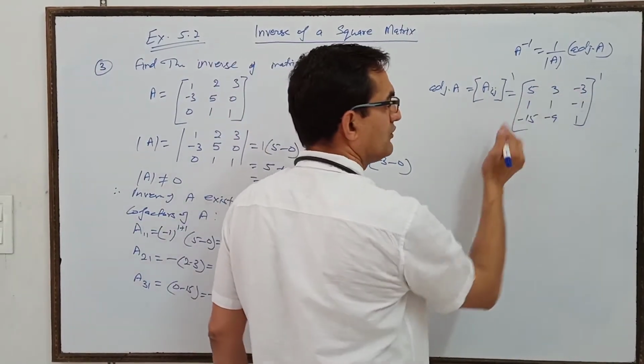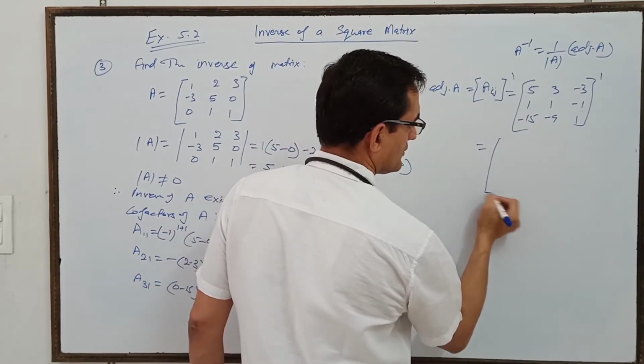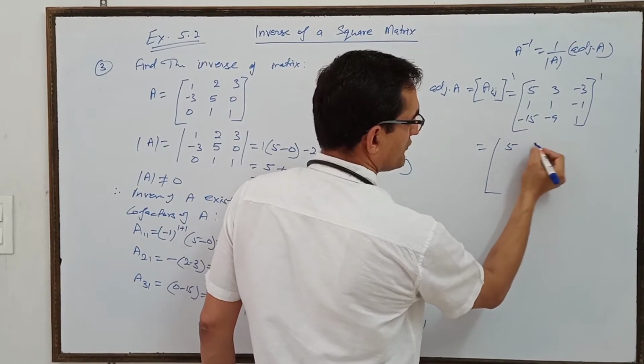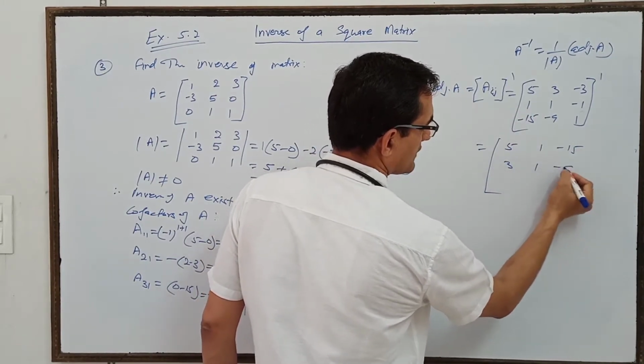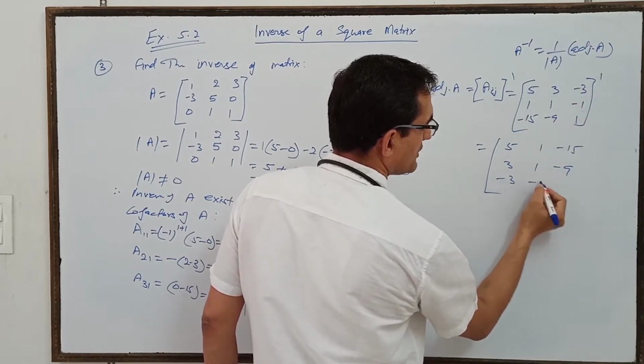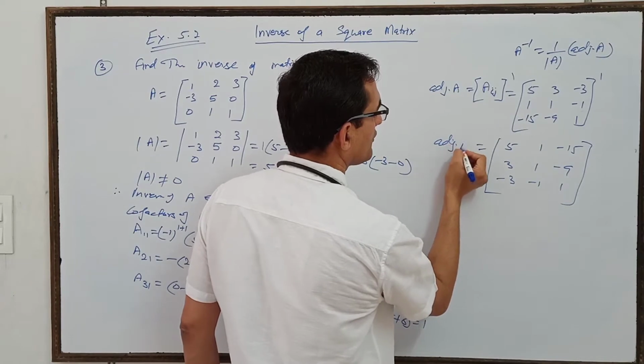Transpose means we have to change their columns into rows. Now this is 5 1 minus 15, 3 1 minus 9, minus 3 minus 1 1. This is the adjoint of A.